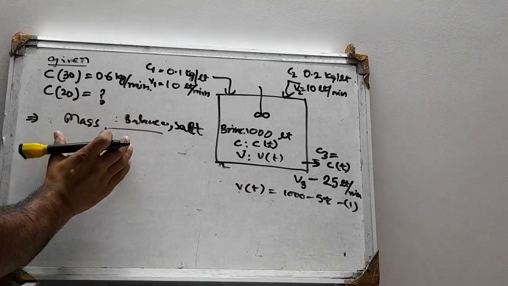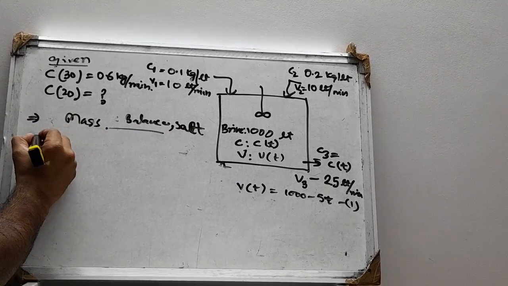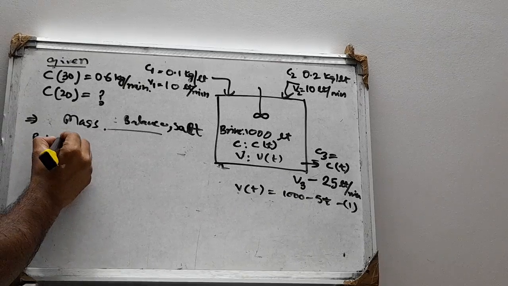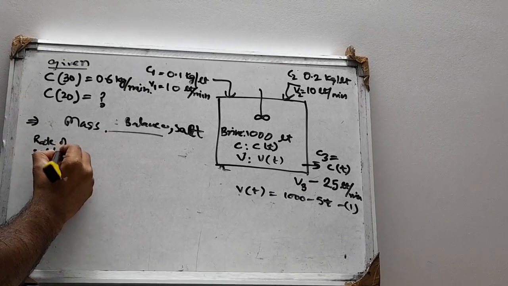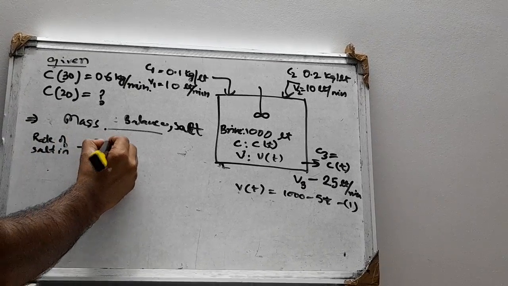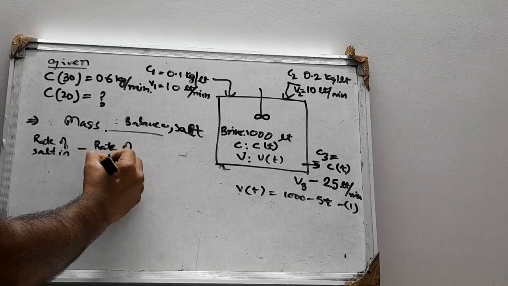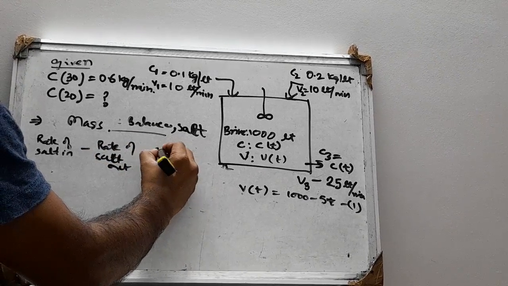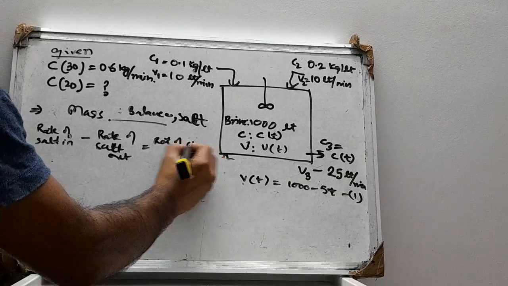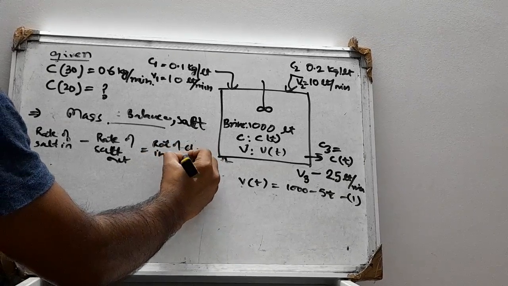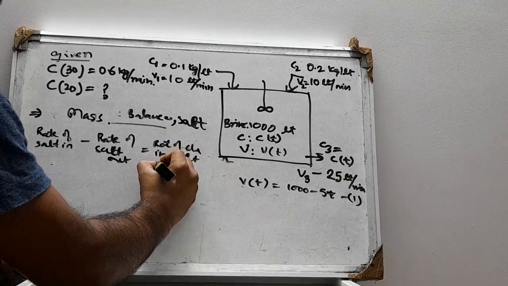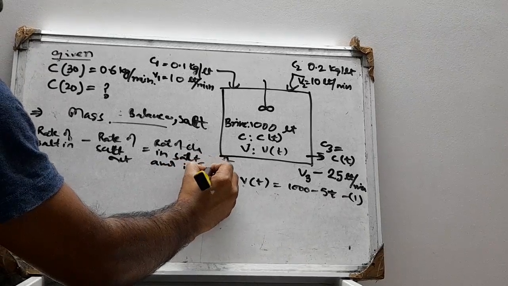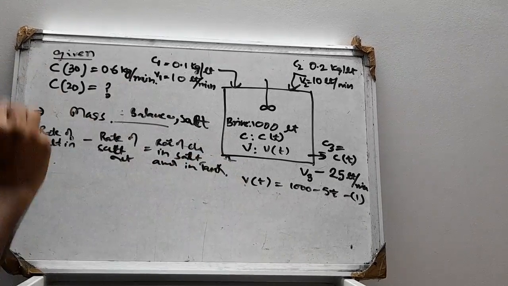Similarly, the mass balance of salt is rate of salt in minus rate of salt out is equal to rate of change of salt amount in the tank. This is a basic mass balance equation.